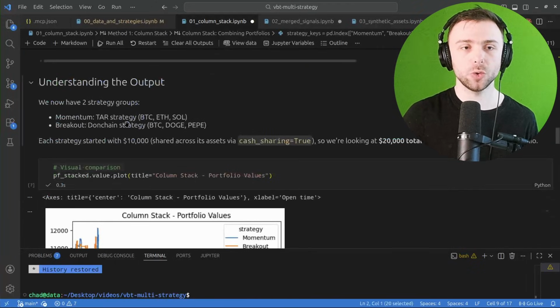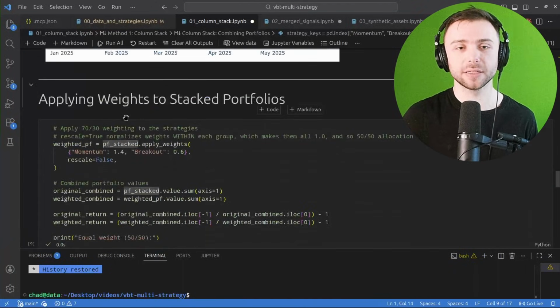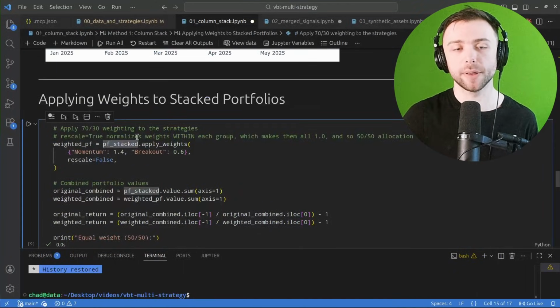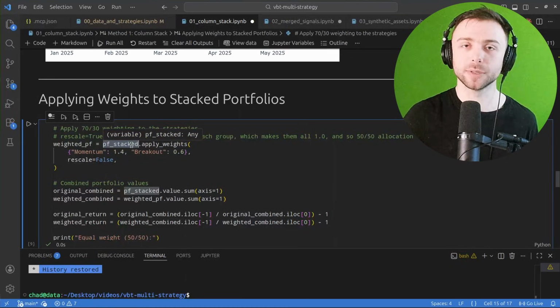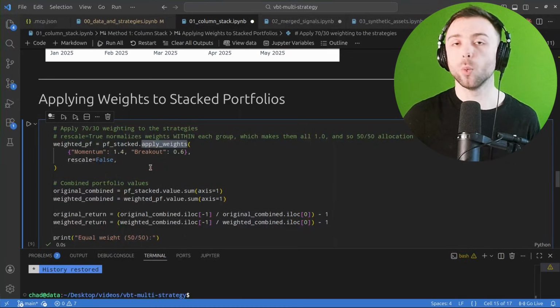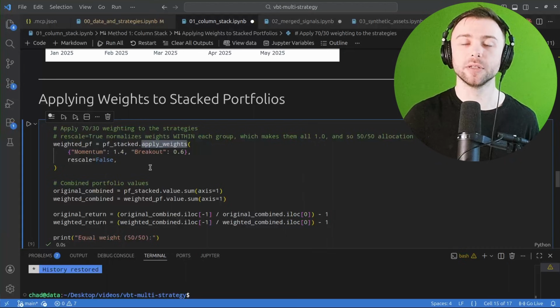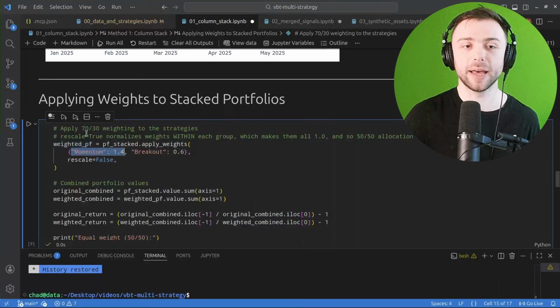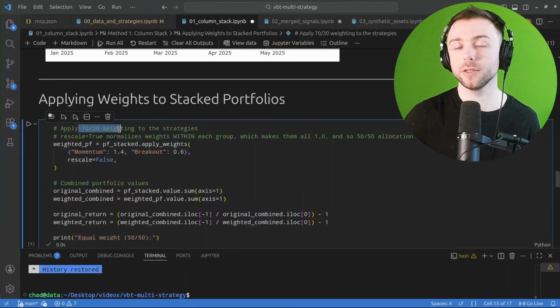We can also use the apply weights function. So if we grab that portfolio that we generated from the column stack, we can then apply weights to these different strategies and generate a new portfolio object. In this case, I'm applying a 70-30 weighting to the different strategies.